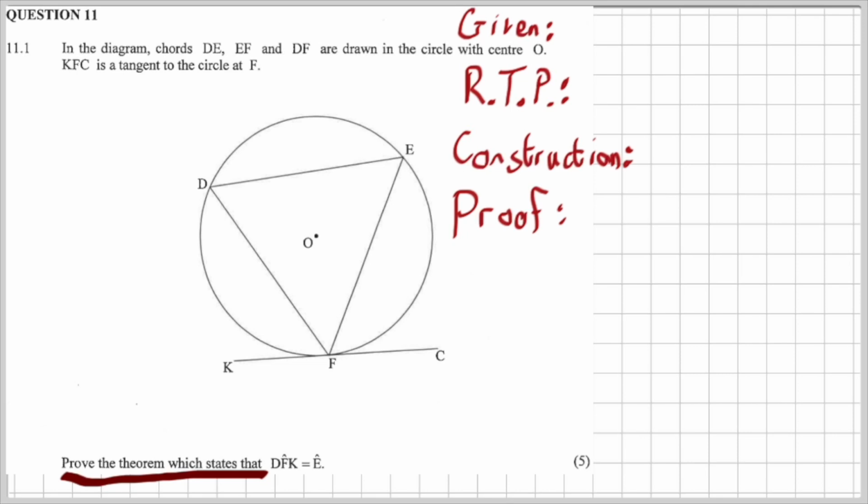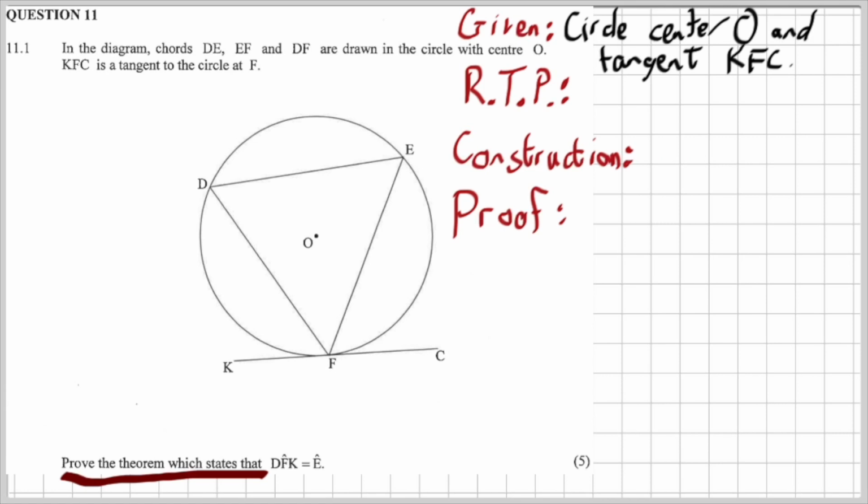Any of the theorems are going to have these 4 parts, and because it is a formal proof, you have to give those headings. Let's start with what was given to me. I was given a circle with a center O and a tangent KFC to the circle. RTP, ready to be proven.